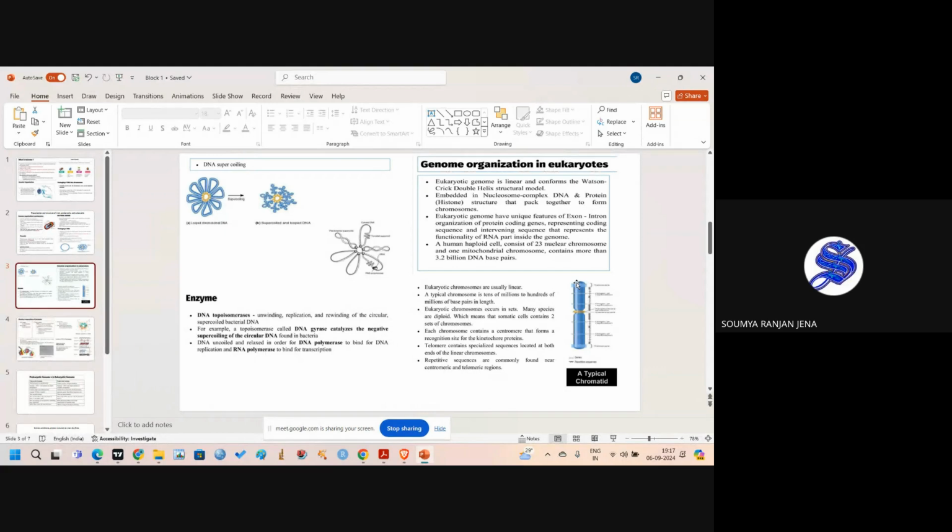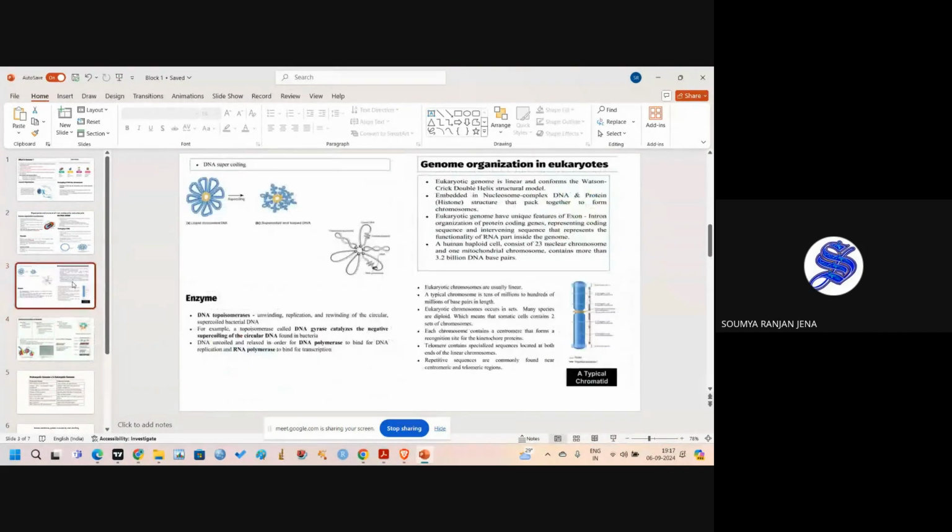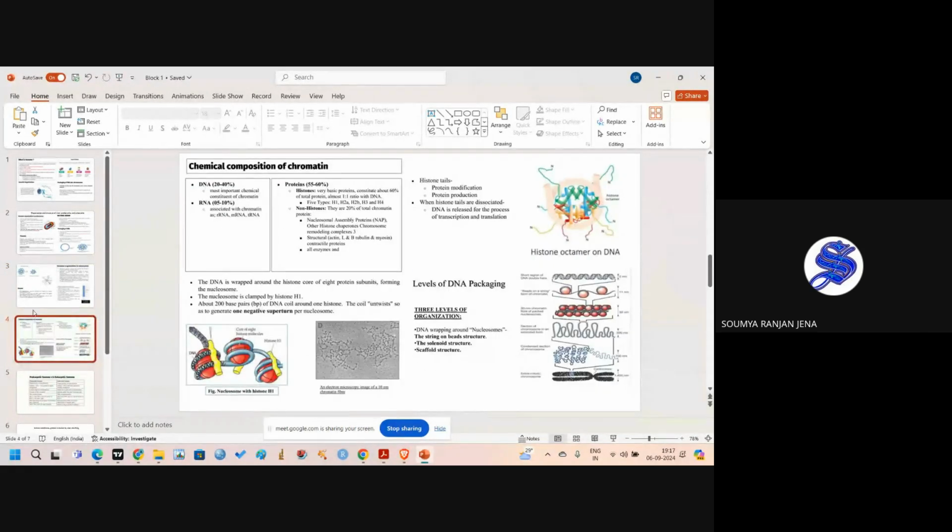These repetitive sequences are commonly found in the DNA, and the repetitive sequences are commonly found at the centromeric region as well as the telomeric region of the chromatid.